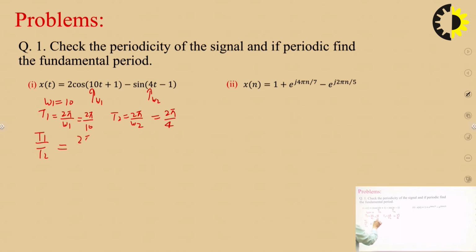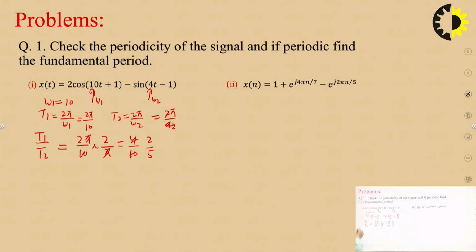So here, if you will see, 2 pi by 10 into 4 by 2 pi, this is 4 by 10, or 2 by 5.